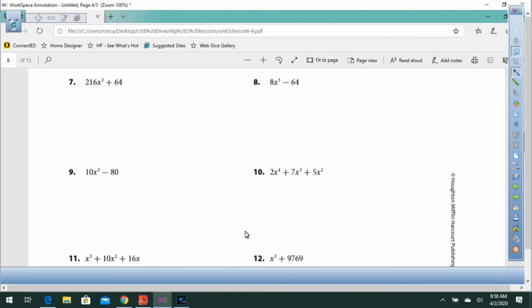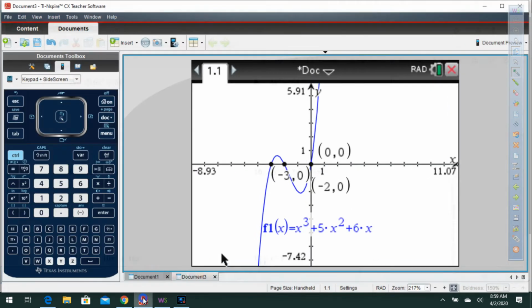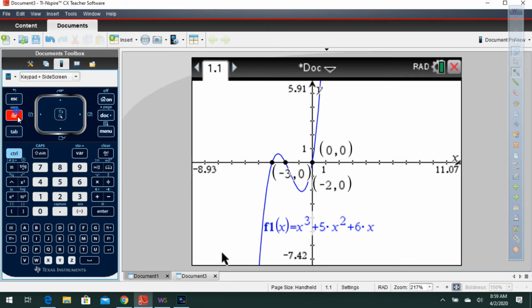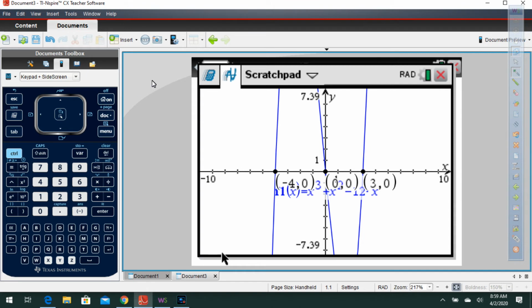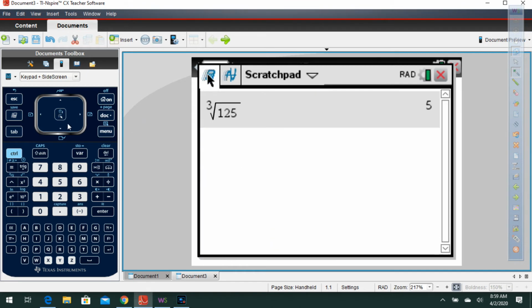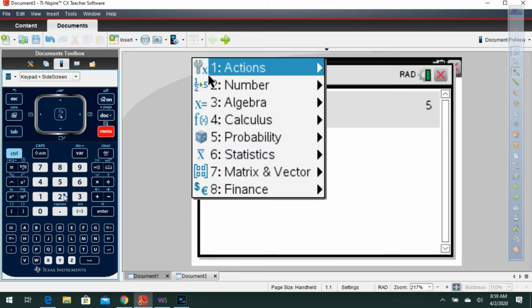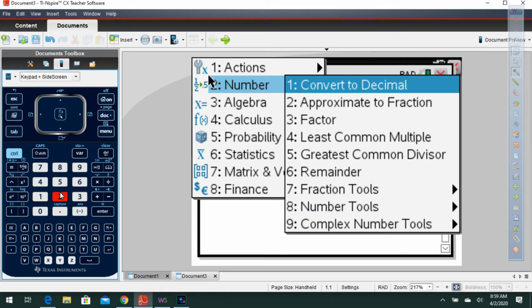Let's take a look at number 7. 216x cubed plus 64. Those are both even, right? So 216 and 64. I'm going to go over here to my calculator, menu 2 and greatest common divisor.